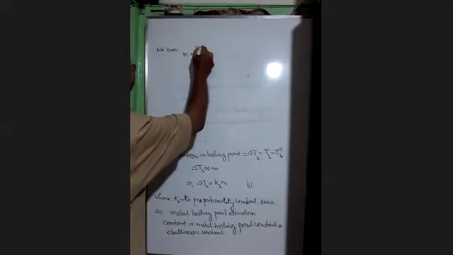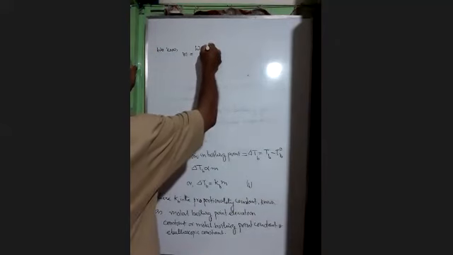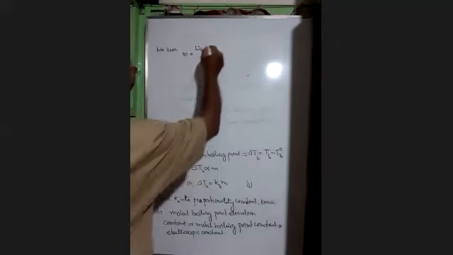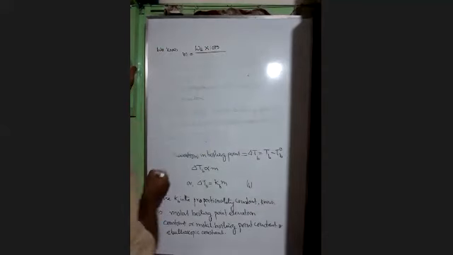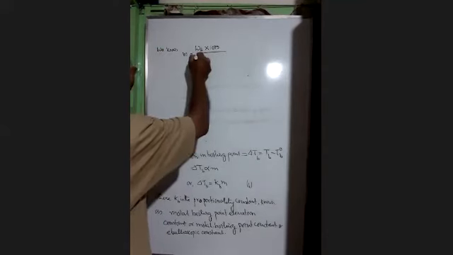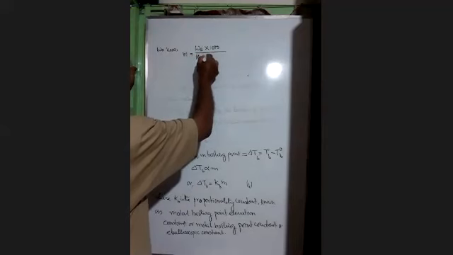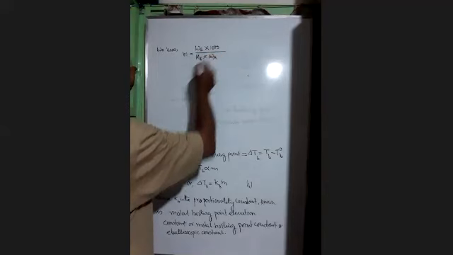We know WB into 1000, then MB into WA. This is the value.